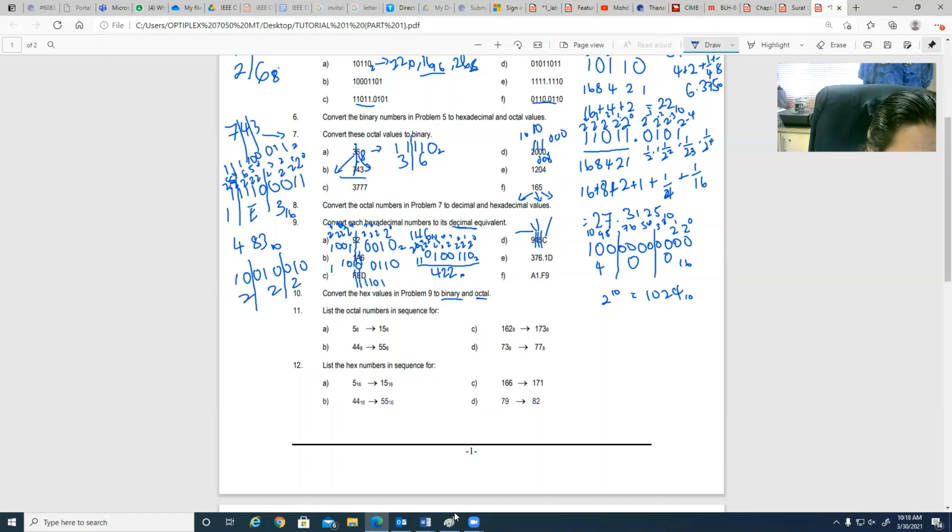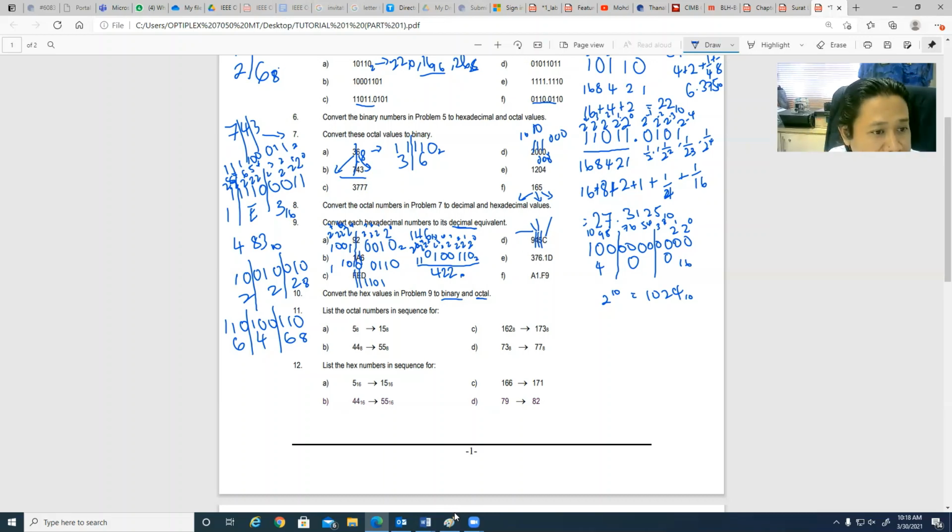Alright, so the answer will be in base 8. And then for example this one, 1 1 0 1 0 0 1 1 0. So 1 2 3, 1 2 3. So the answer will be 6 4 6, 6 4 8. Right, so this is the answer for question B.